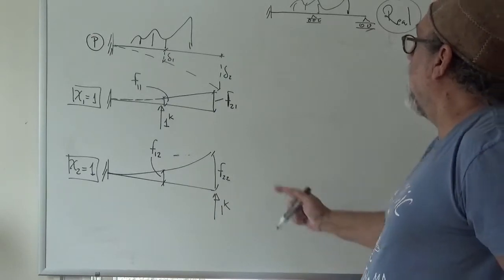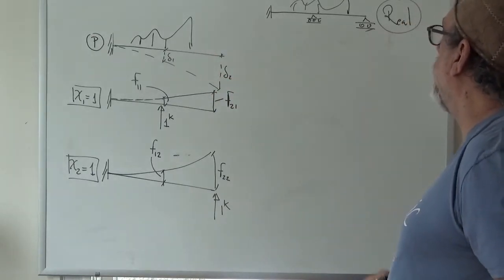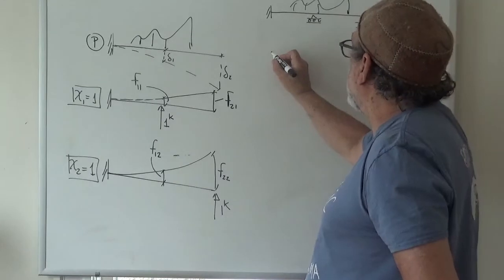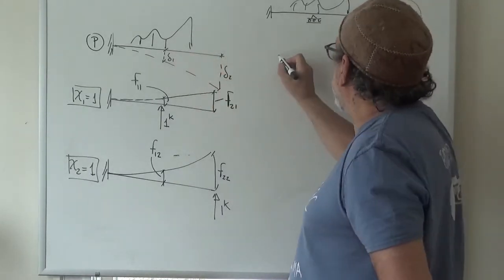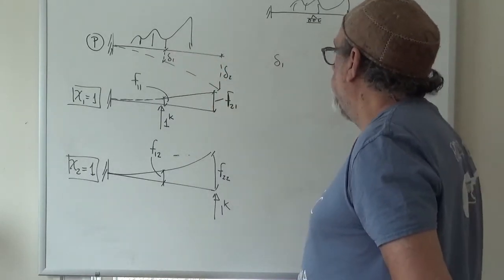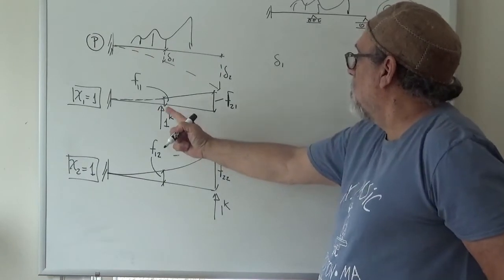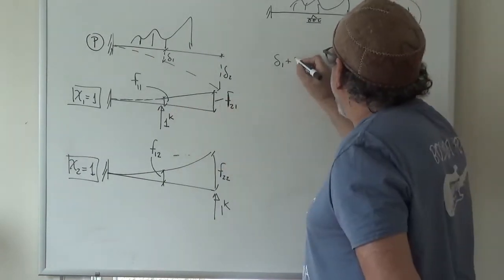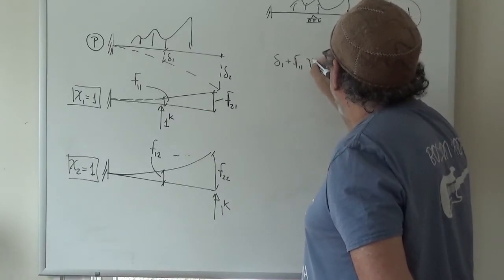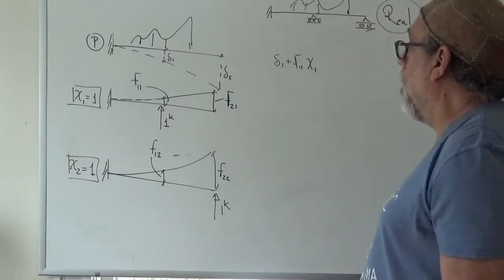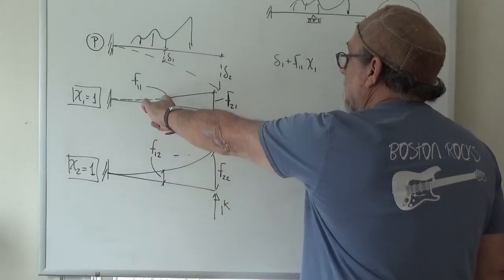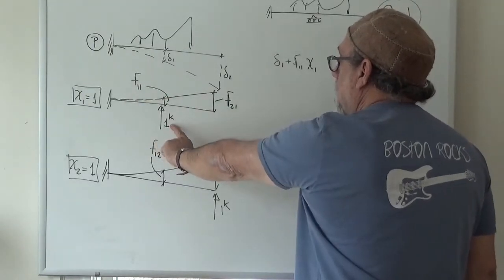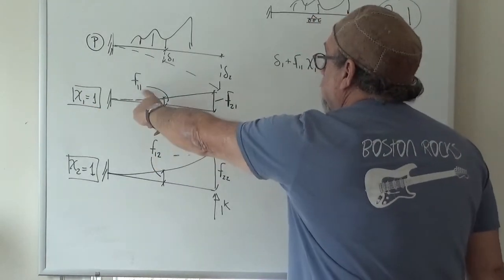Now we say, okay, let's look at the deformation at point 1. The algebra will take care of things. On this sketch, the deformation is delta 1. On this sketch, the deformation is what? Well, it is f11 times x1, right? Because this deformation is f11 if this is 1. But if x1 was 2, it'd be twice as big.